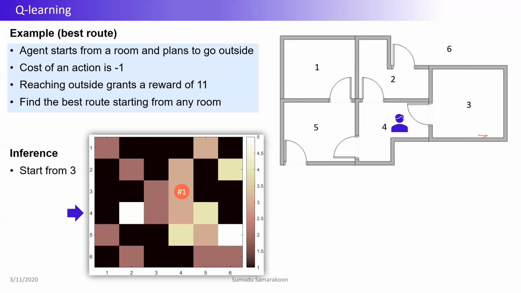Most likely it might end up moving to 5, moving to 1, coming back to 5, so basically it ends up with a much higher cost of going outside compared to this selected route. That is why it decided to move to room number 2. Once moved to room number 2, it is shown that moving outside would be the most beneficial, so the agent decides to move outside from the room.